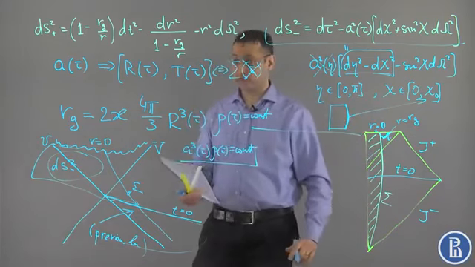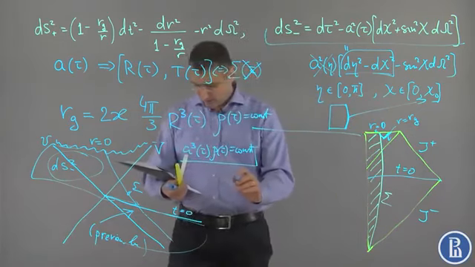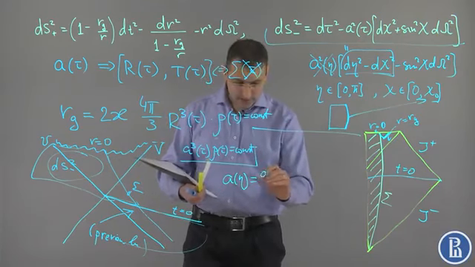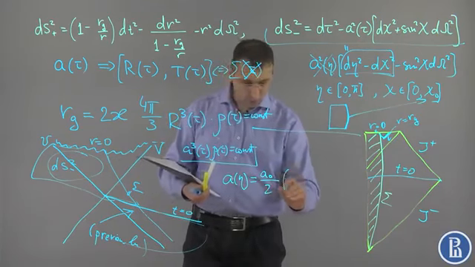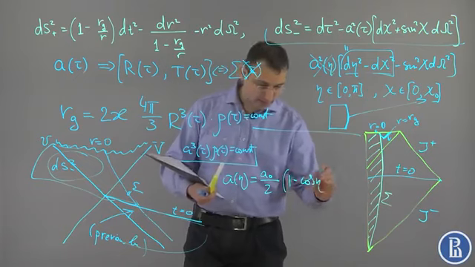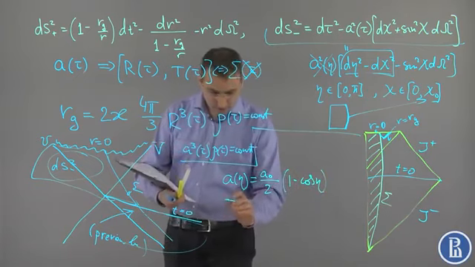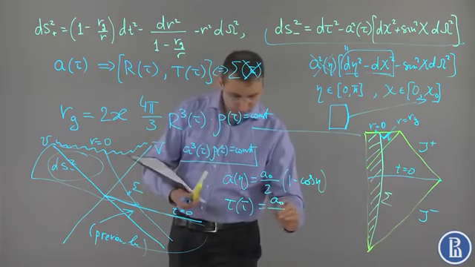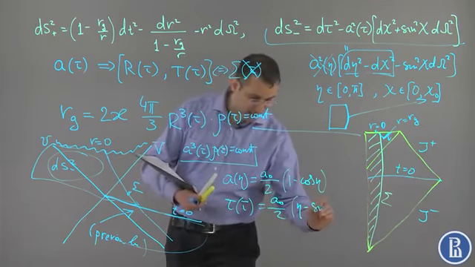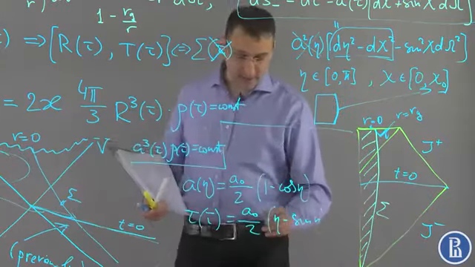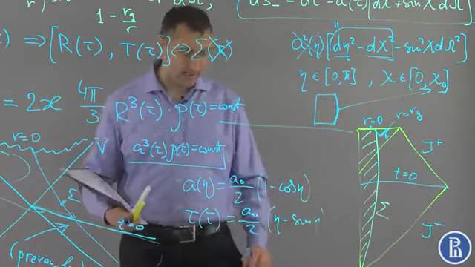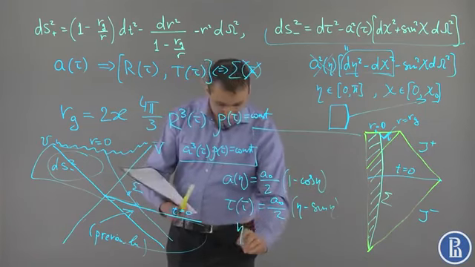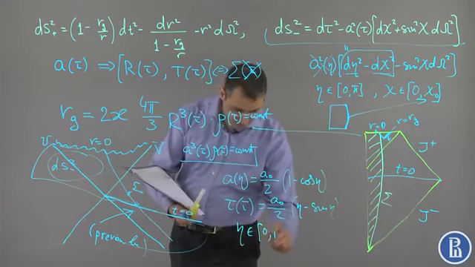The time reversal of this solution is given by A of eta equals A0 over 2 times 1 minus cosine of eta, and tau of eta equals A0 over 2 times eta minus sine eta. So we had a solution where there was a plus sign here, and now we have this solution with eta ranging from 0 to pi.